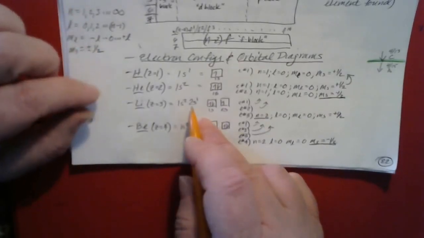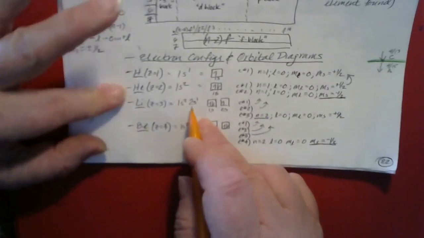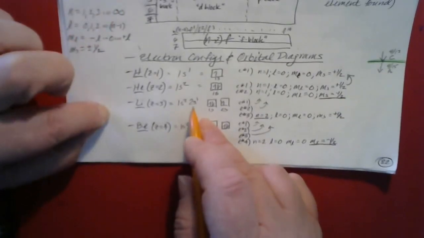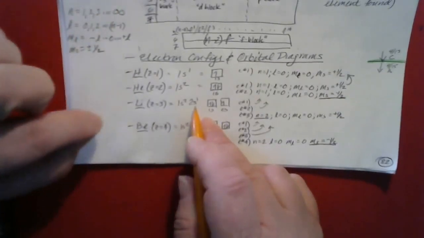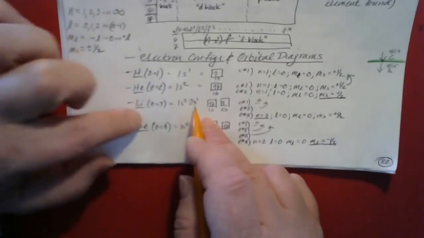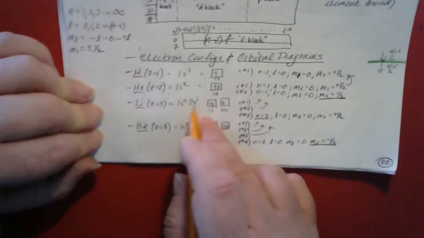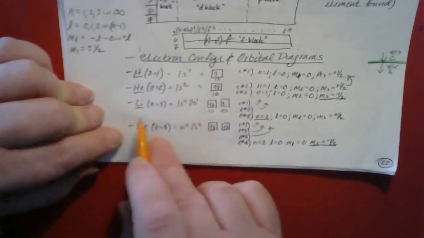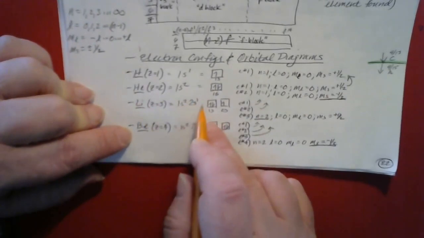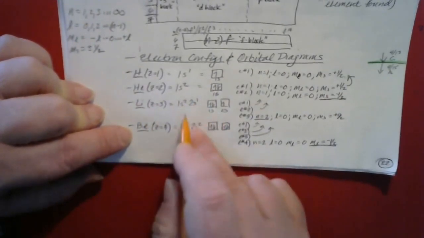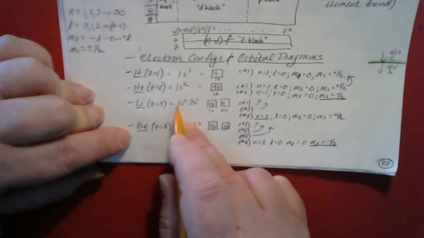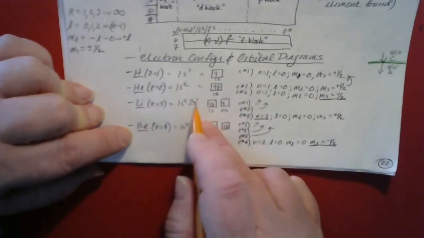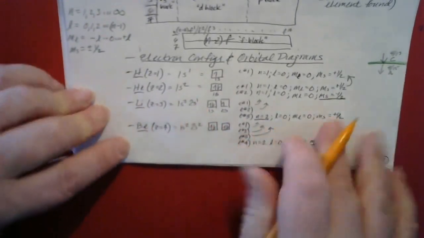So now we have to go up to shell number 2, and the lowest energy orbital in shell number 2 will be the S orbital in shell number 2. So that 3rd electron goes into the S orbital of shell number 2. So the overall electron configuration for lithium is 1s2, 2s1, meaning 2 electrons in the s orbital of the first shell and 1 electron in the s orbital of the second shell.